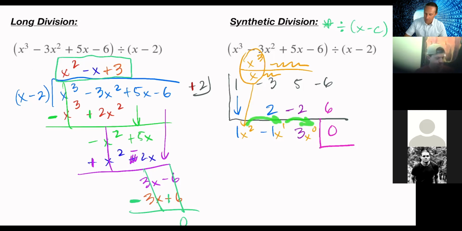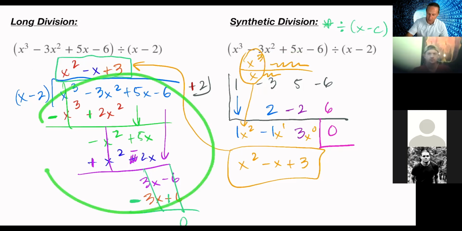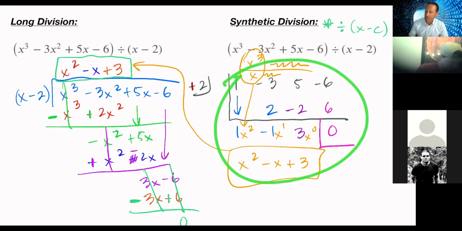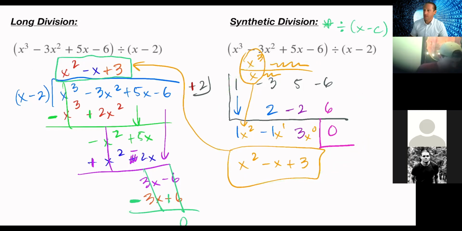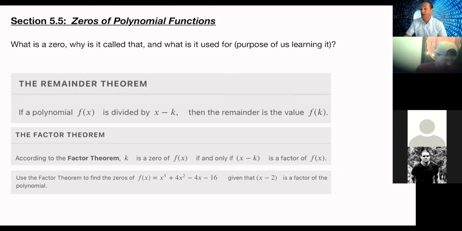Our descending order. And hopefully you can then see that our 1x squared minus x plus 3 is the same here as it is there. But this, a whole heck of a lot cleaner, that's for sure. A lot less places to make a mistake, but you don't see a lot of the mistakes because of that. Right? Hopefully you guys understood the process there. If not, we can go over that, but that's what that entire section is about.